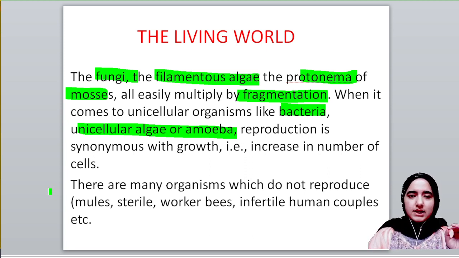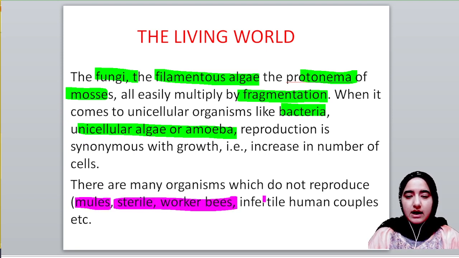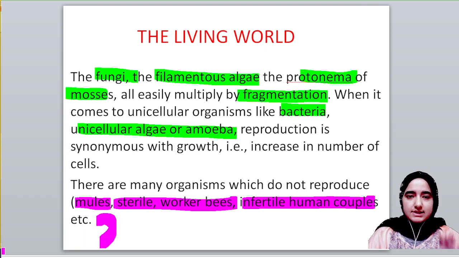But there are so many organisms which don't reproduce. Like we have mules, sterile worker bees, and infertile human couples. These are basically exceptions to reproduction. They aren't able to reproduce after so many successive tries.